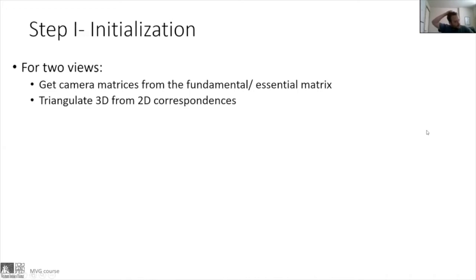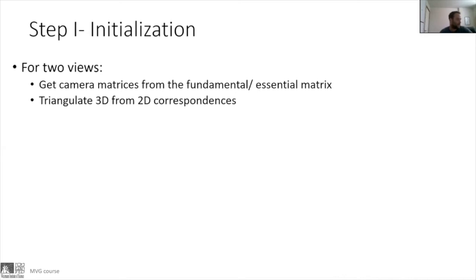So the first step is how to generate the initialization. As you've seen in Yoni's lecture, for two views there are not a lot of options. We can get the camera matrices from the fundamental or the essential matrix.